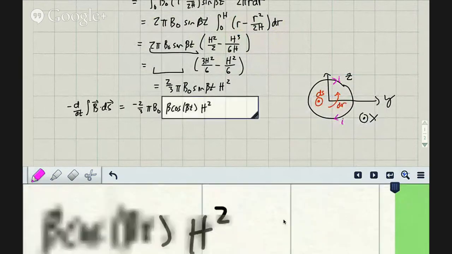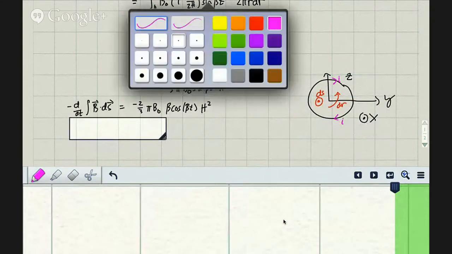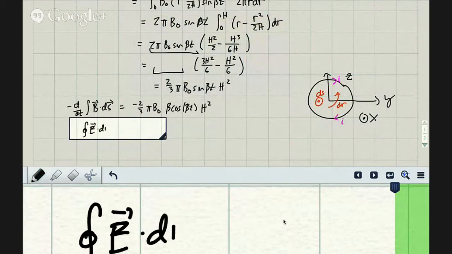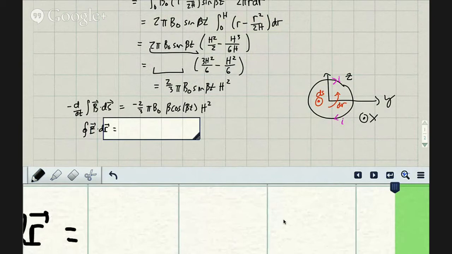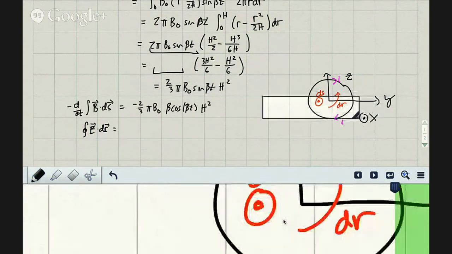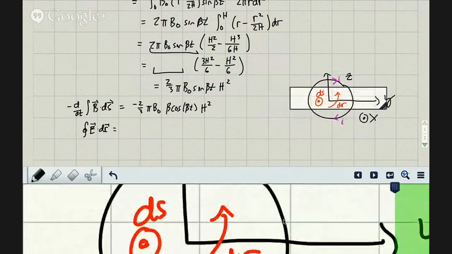So the integral of E dot dr around there is going to equal, and we have a minus sign since we're going to integrate counterclockwise, and we're going to have our current going clockwise.